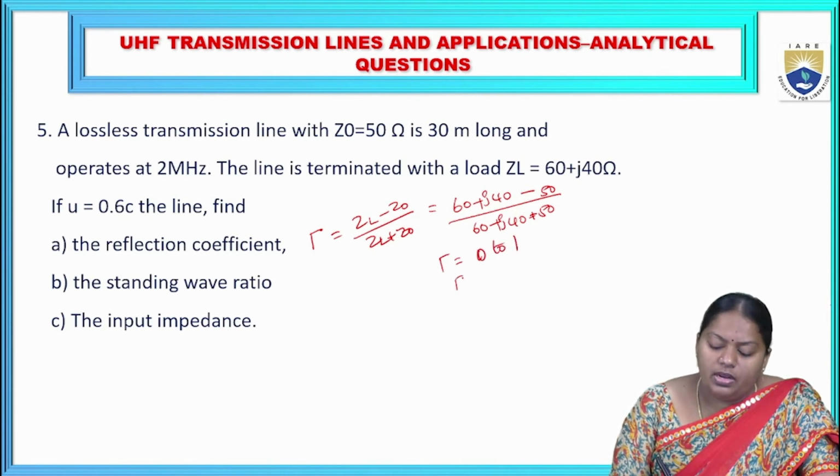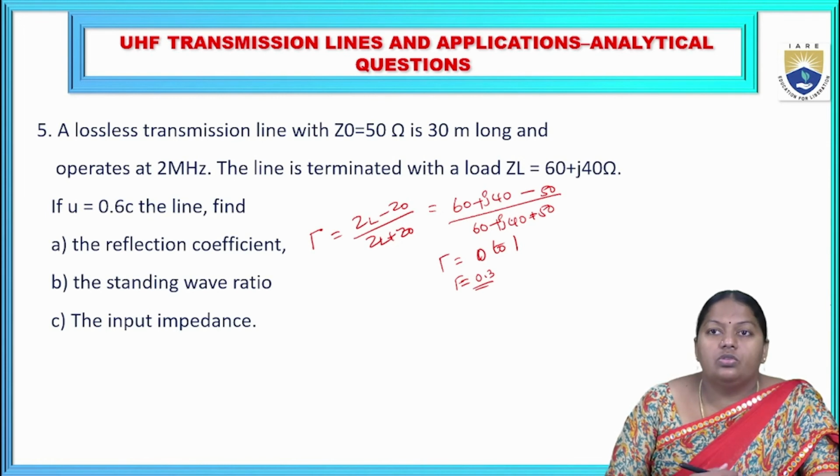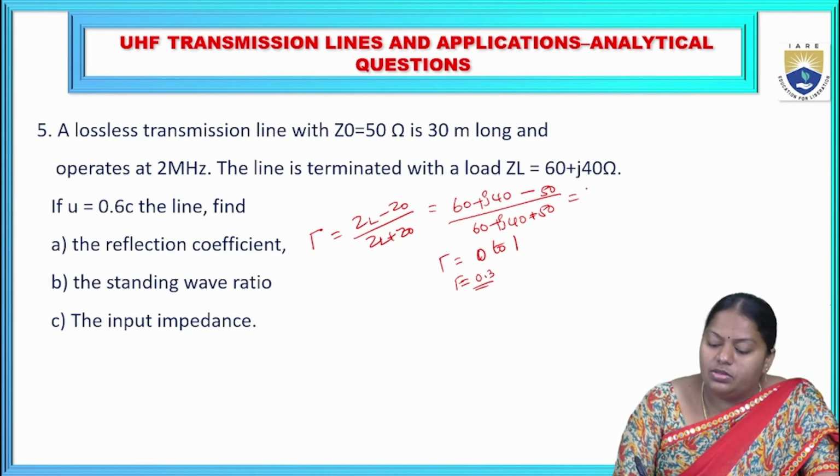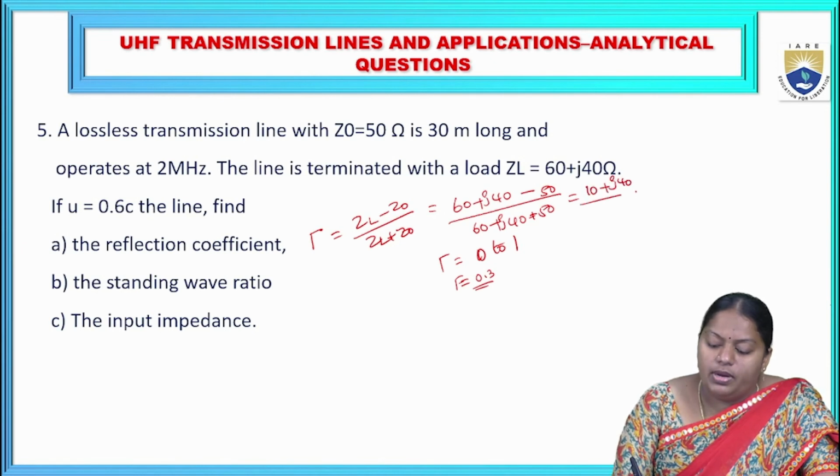Suppose my gamma value is approximately equal to 0.3. How has this 0.3 come? In the numerator you have a complex number with a real term and an imaginary term, and in the denominator also, so it looks like (60 minus 50, that is 10, plus j40) by (110 plus j40).